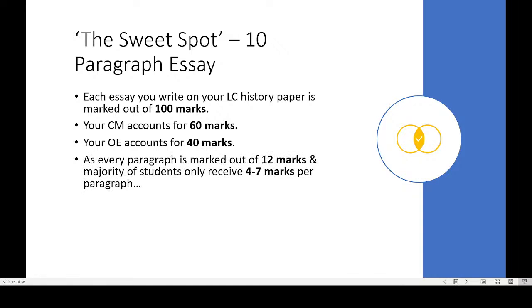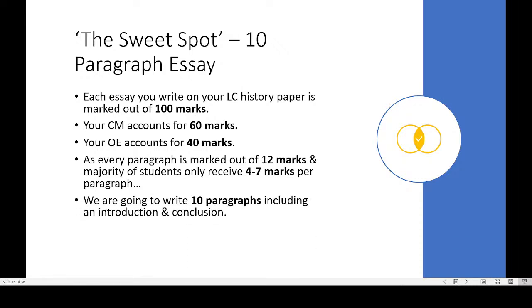Every paragraph is marked out of 12 marks and the majority of students only receive 4 to 7 marks per paragraph, so we're going to write 10 paragraphs including an introduction and a conclusion. When we do the maths, we divide 60 by 10, which is our cumulative mark. That means we only have to pick up 6 marks per paragraph, a total of 50% of the marks on offer per paragraph.